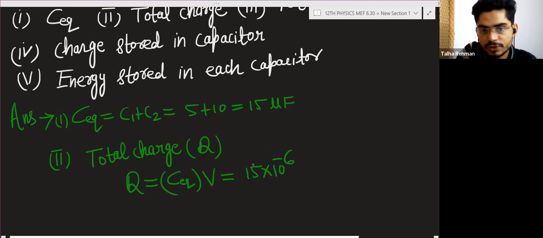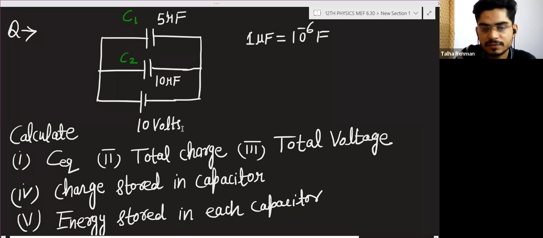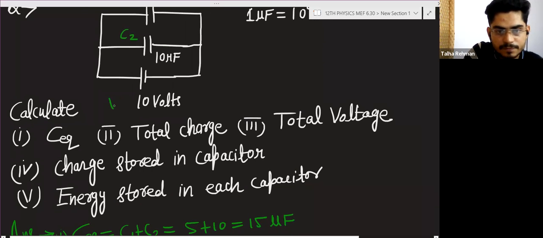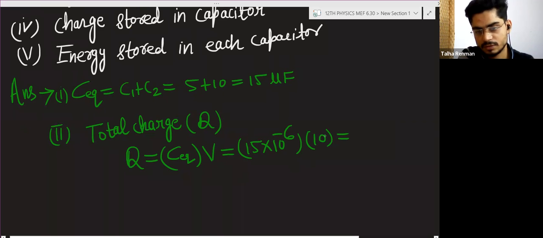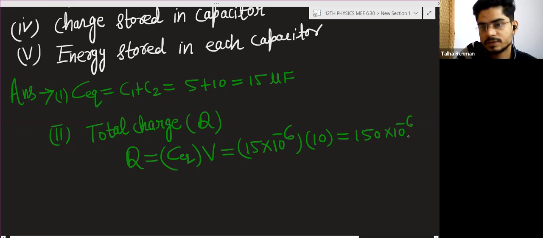This will be 15 into 10 to the power minus 6, and V is given or not 10. V is given as 10 volts. So this is 10. So the answer is 150 into 10 to the power minus 6 coulomb. Okay. This is the total charge.